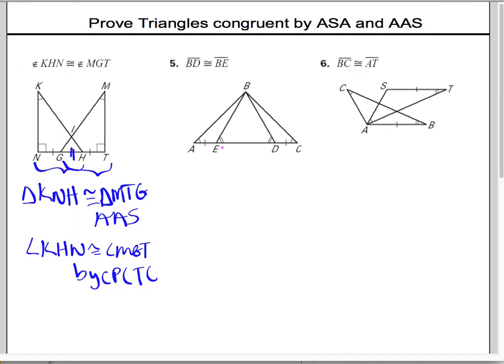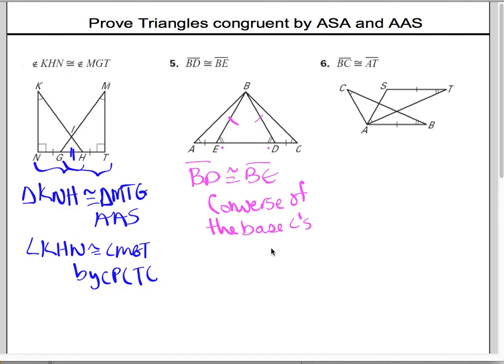I've got the angle at E and the angle at D marked congruent to each other, so this triangle is an isosceles triangle, and by the converse of the base angles theorem, we could say that BD is congruent to BE. So I'm just going to skip right to that and say BD congruent to BE by the converse of the base angles theorem.